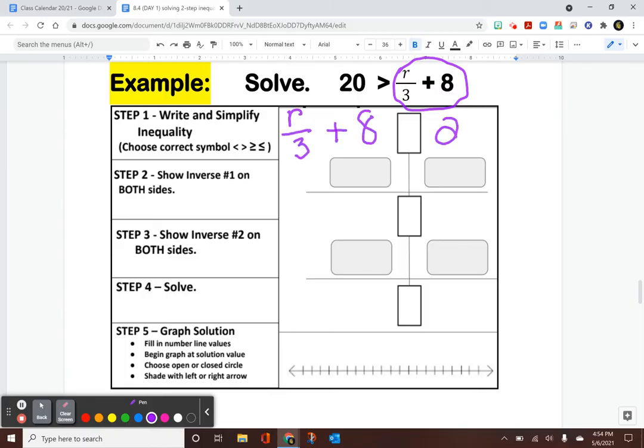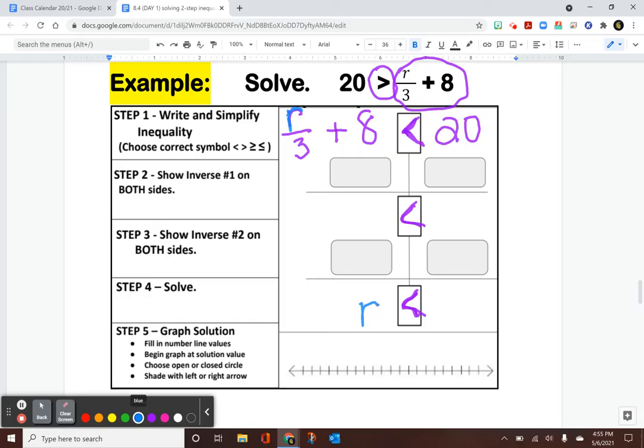I'm going to put my 20 on the other side, and I'm going to spin my symbol, or flip it over. Now the sign is going to stay the same all the way through. It's easier for me to solve it when I have my variable on the left so that when I'm done, it can be letter, then inequality symbol, then number.